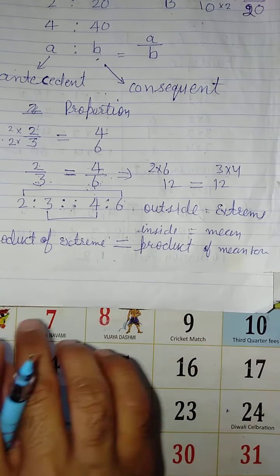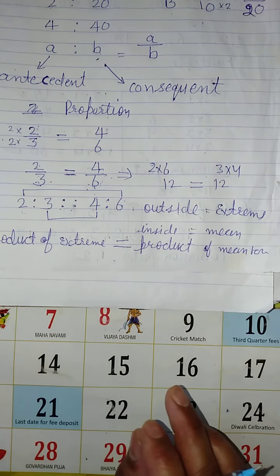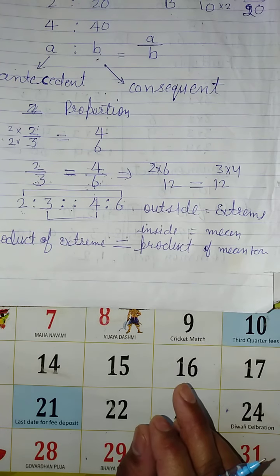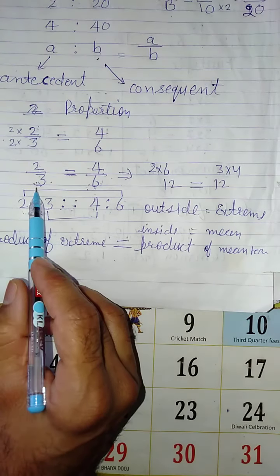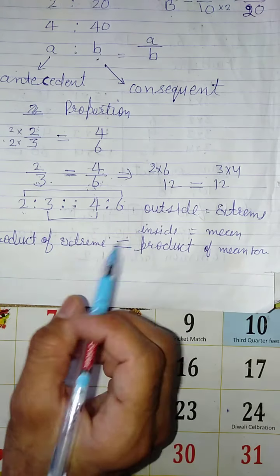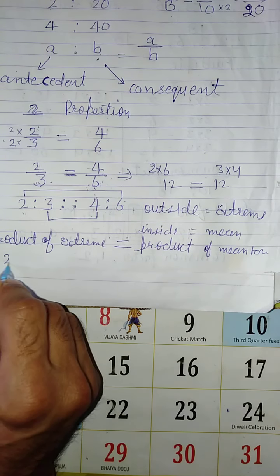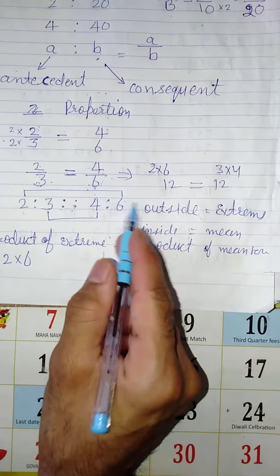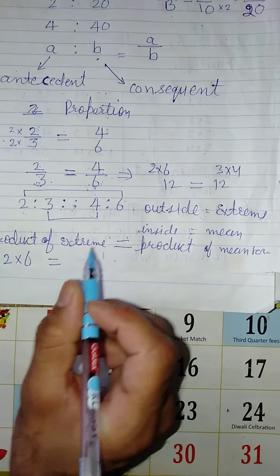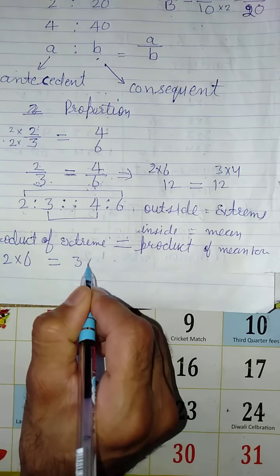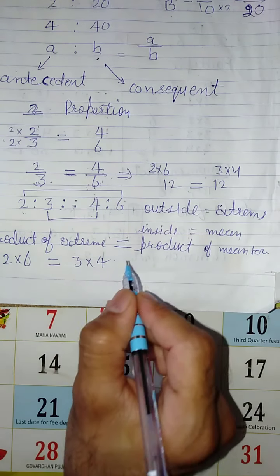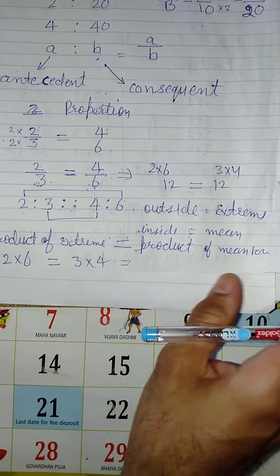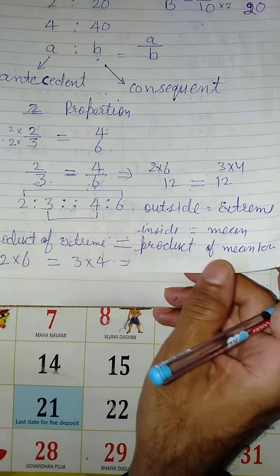Product of extreme terms, here see 2 and 6 are extreme terms, so here 2 multiplied by 6 should be equal to 3 multiplied by 4, as we have done here also. 2 sixes are 12, okay, and 3 fours are 12.